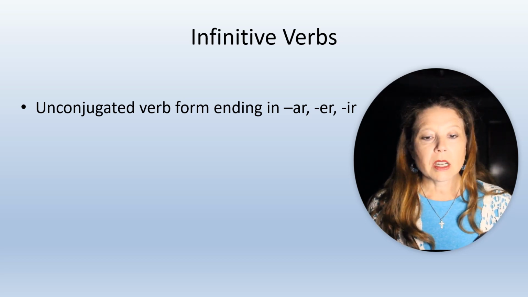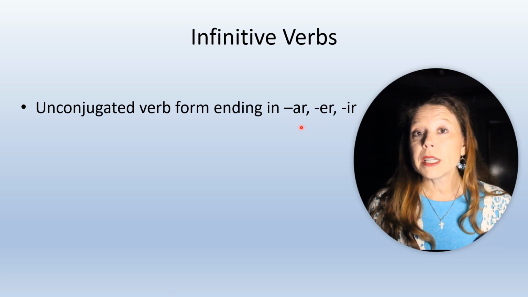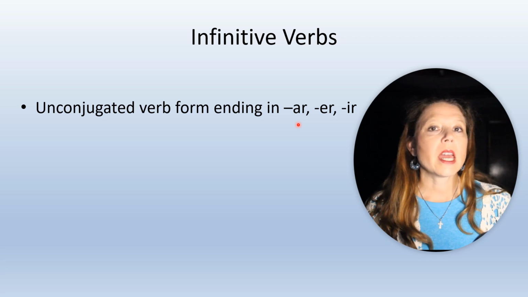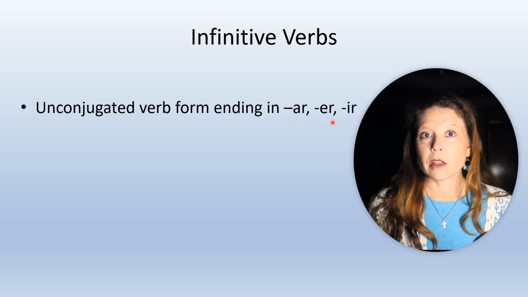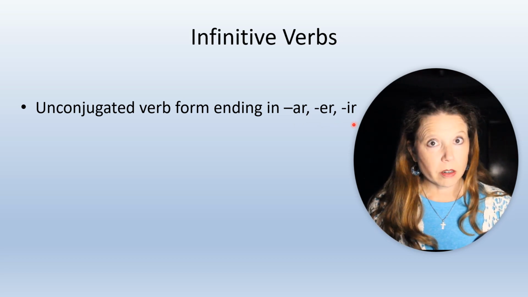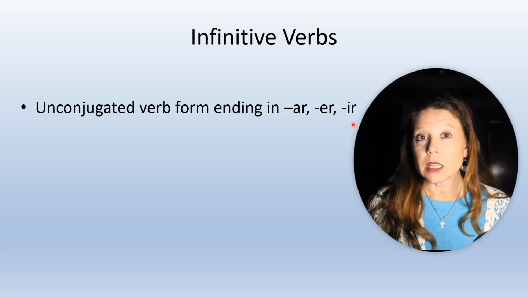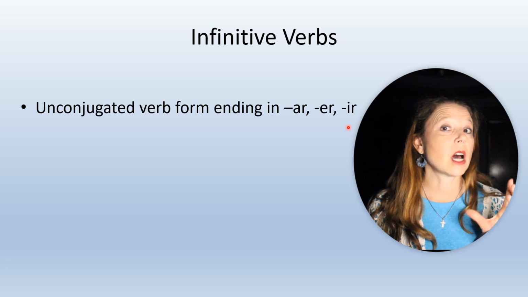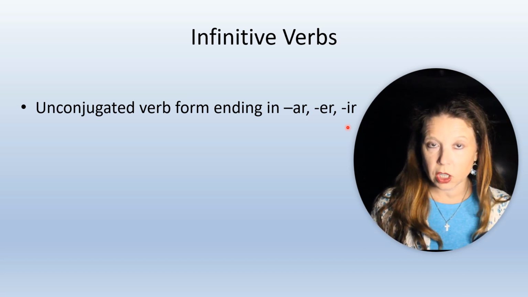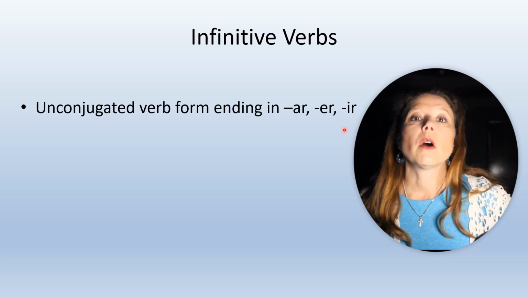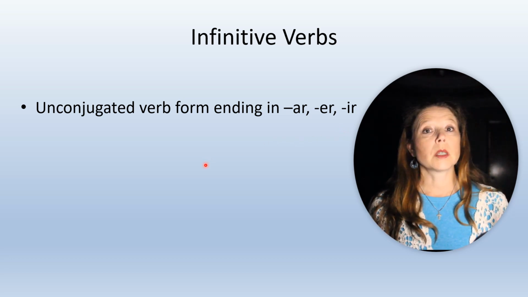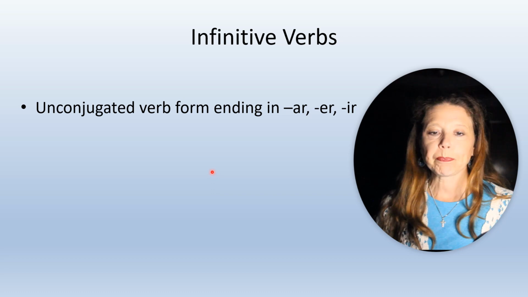In Spanish, infinitive verbs always end in the letters AR, ER, or IR. If it ends in those letters, you know it's an infinitive. It is not conjugated. The ending has not changed, in other words, to agree with the subject of the sentence or who is performing the action.